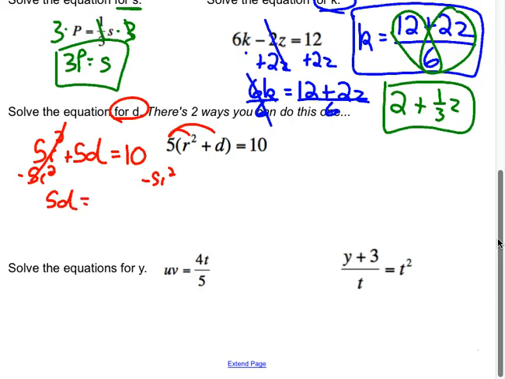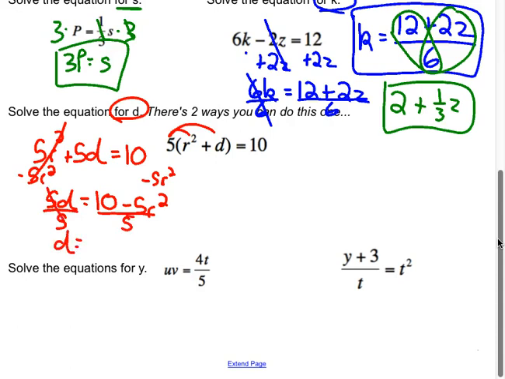5d equals, and again, just like we just finished talking about in the previous example, that 10 is just a normal number. 5r squared has a variable. They're not common, so they don't combine. You have to leave them separate. 10 minus 5r squared. And now, of course, final step, I need to get d by itself, so I'm going to divide by 5. Okay?